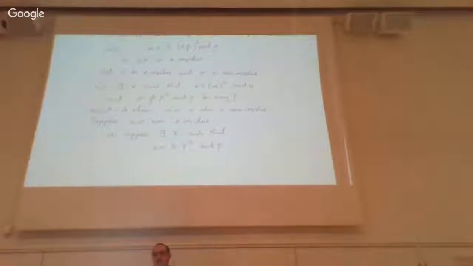How can I get a contradiction out of this? Well, I've got to use any assumptions I've made. I've assumed that u is the square of alpha. So this means alpha squared times v is congruent to gamma squared mod p. What might we conclude from that?